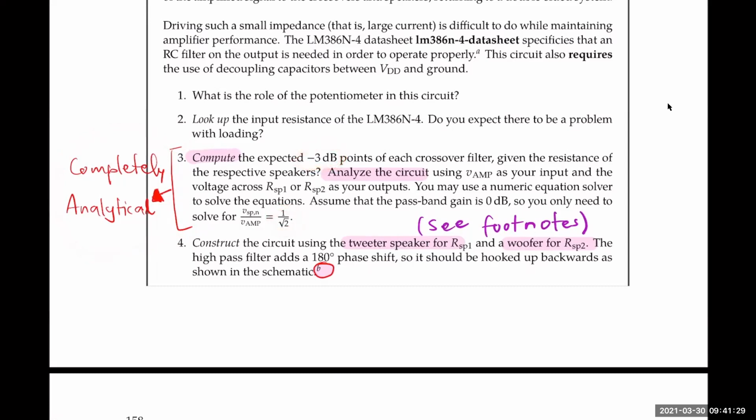Similar to what I showed you for the simple RC circuit, but now you're doing it for this 3-component filter instead. So step 3 is a completely algebraic exercise.